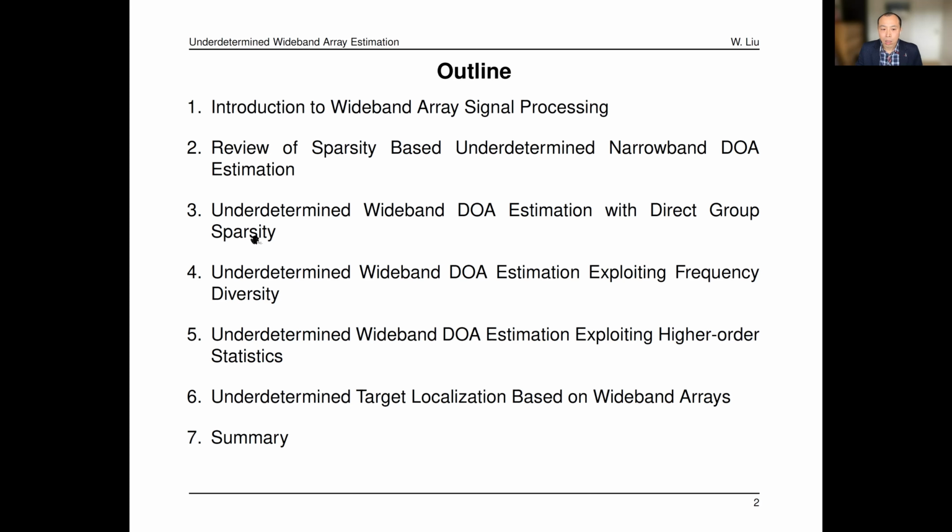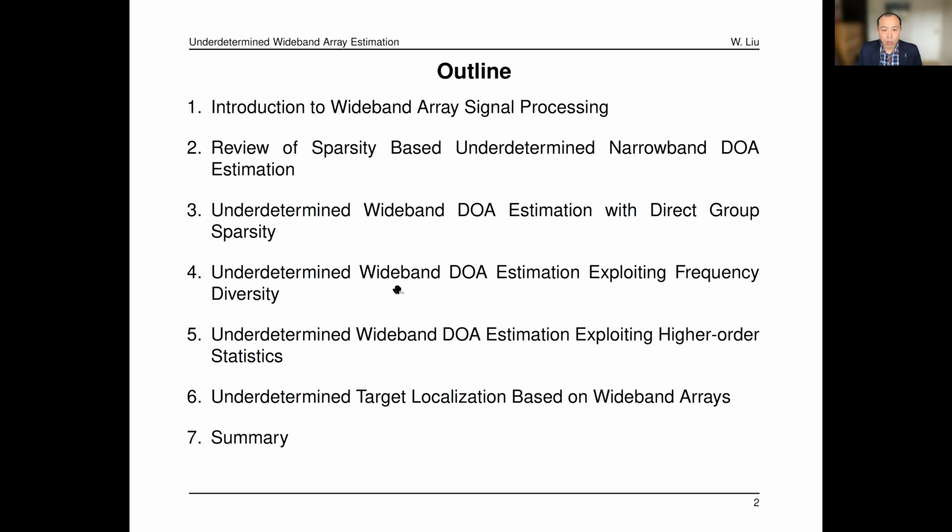And then I focus on the underdetermined wideband DOA estimation method with direct group sparsity. So basically we extend this narrowband approach to the wideband case directly using this group sparsity concept through frequency decomposition. And then section 4 is underdetermined wideband DOA estimation exploiting frequency diversity.